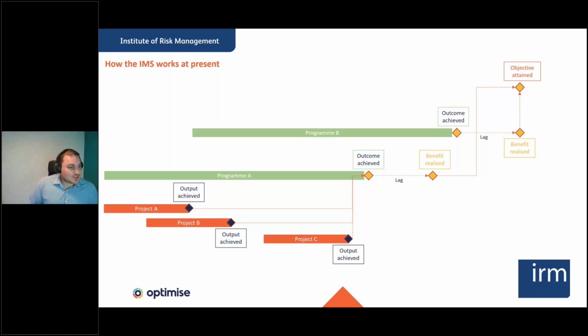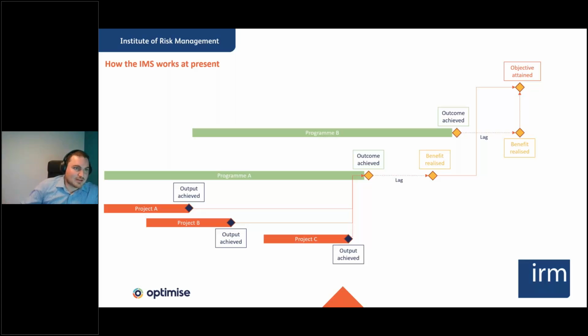So we have these projects. We'll take another example here. We have these projects that inform a program, and that program is responsible for achievement of a benefit in yellow. There's usually a lag between when we achieve a program's outcome and when a benefit's achieved. And at the moment, as I've said, we just get those dates. So you'll get an output from a project that will roll up into a program space.